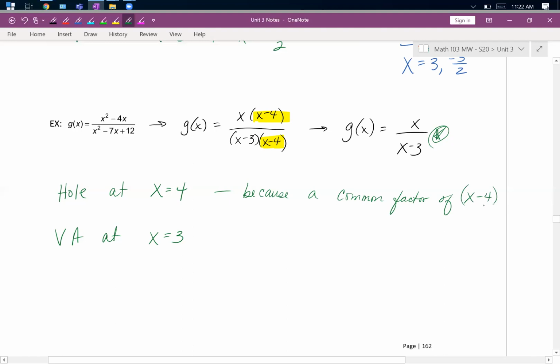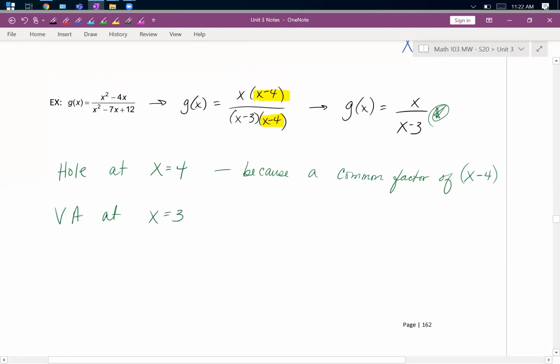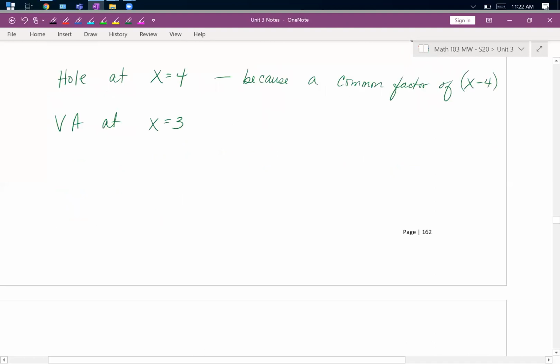But even for the take-home quiz, I'm trying to be thorough in my explanation. So when you guys review your notes, you remember, oh yeah, there was a hole because we had a common factor, x -4. Nobody? Questions? I do think it's a little easier once we actually do an example because all those words sounded complicated. Factoring's the hardest part of it all.